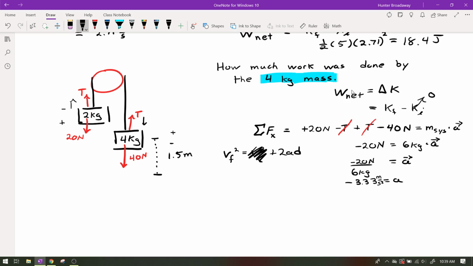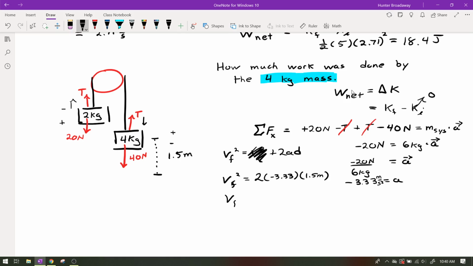That goes away. So it's going to be VF squared equals 2 times negative 3.33 times the distance, which is 1.5 meters.